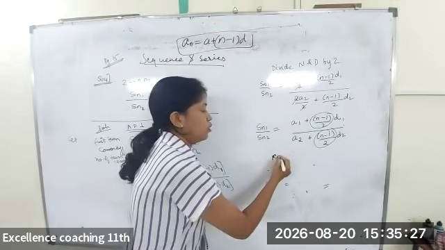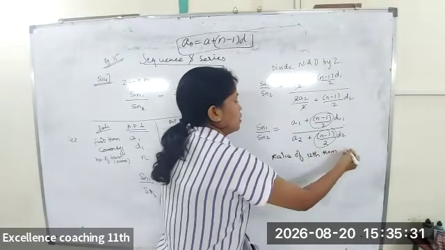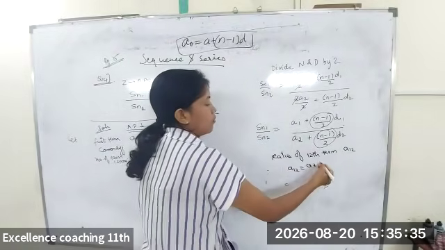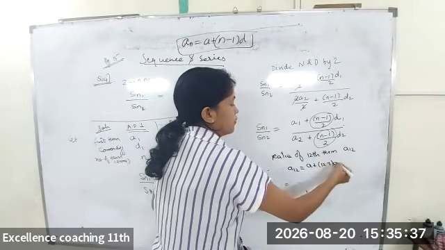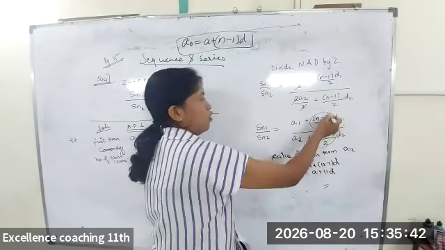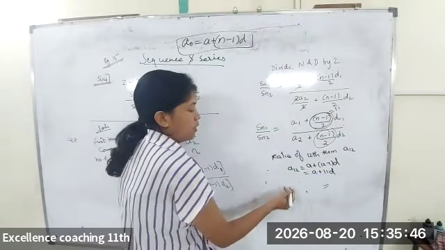Now the ratio of the 12th term is asked. So A12. If I put A12 in the general term formula, I will end up getting 11D. So I want over here 11. That is why I have to equate this to 11.